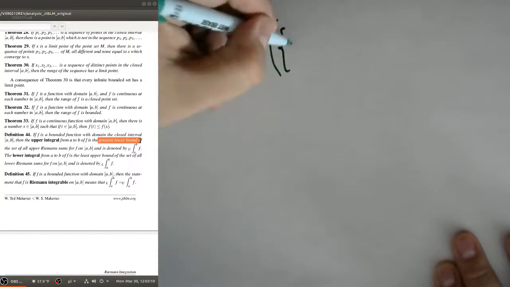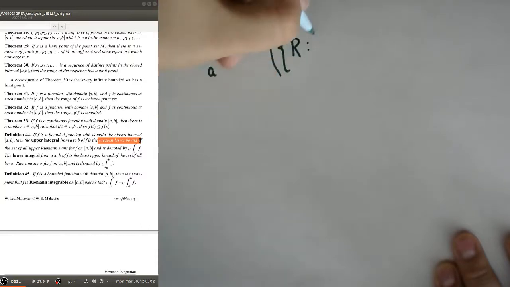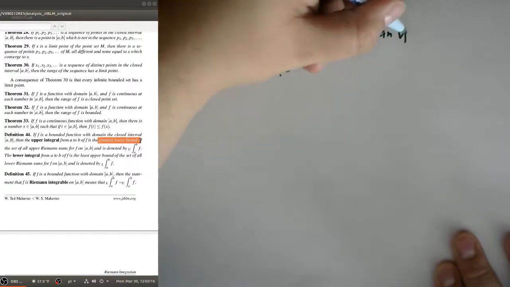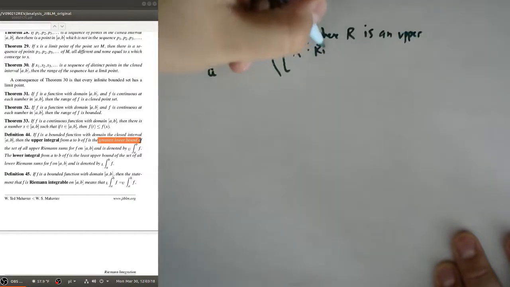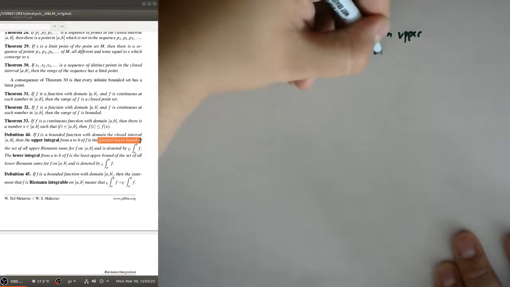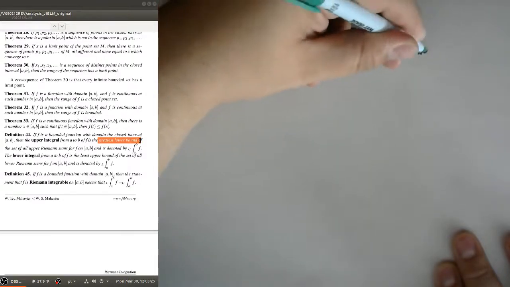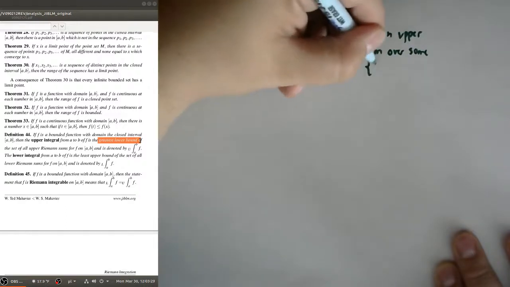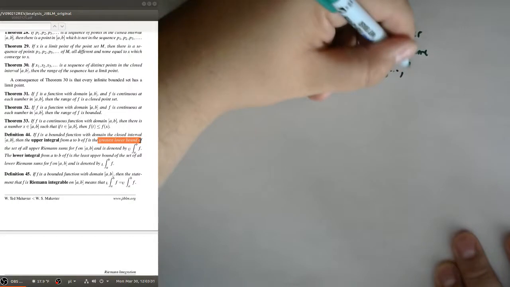Let's call that R, where R is an upper Riemann sum. That's this construction where we always pick the maximum over some partition T0 through Tn.